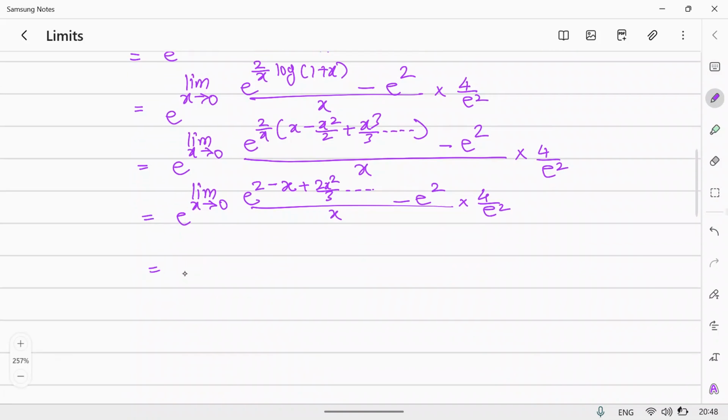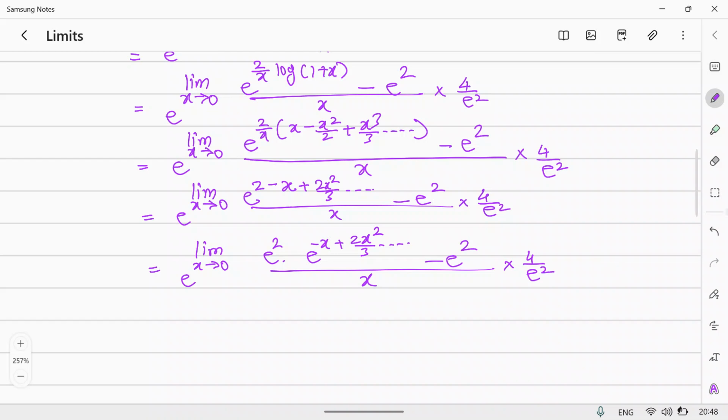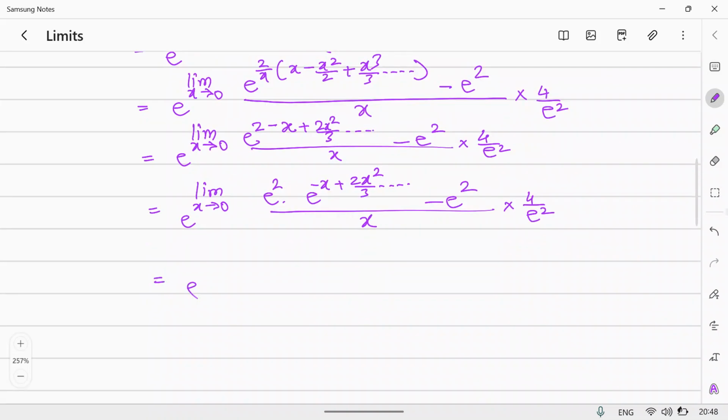So this can be written as e square, e raised to (minus x plus 2x square by 3 and so on), minus e square divided by x into 4 divided by e square. So I can take e square common. Once I take e square common, this will look something like this: e raised to (minus x plus 2x square by 3 and so on), minus 1, upon x, into 4 by e square.